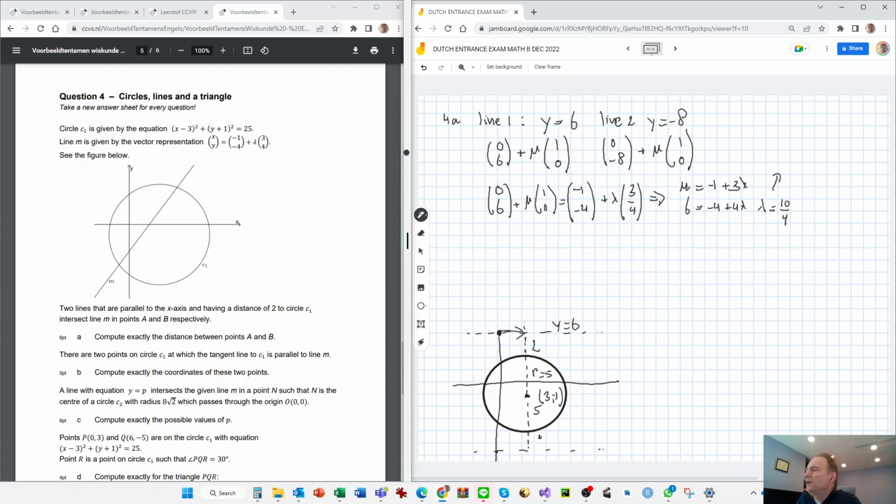You get -1 plus 3 times 10 over 4, and -4 plus 4 times 10 over 4.